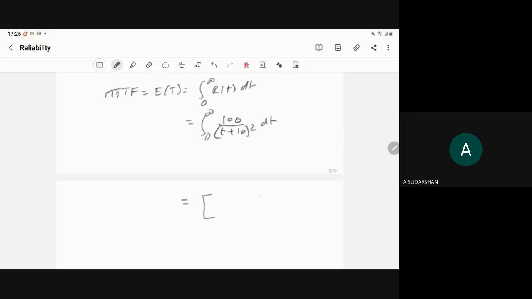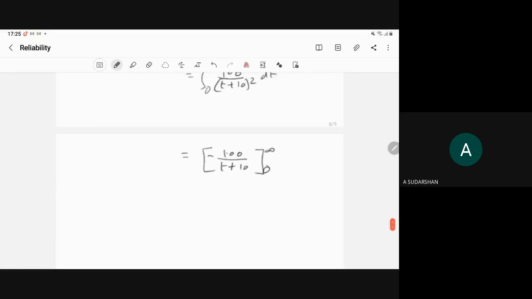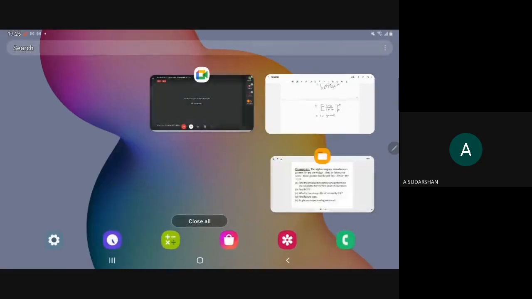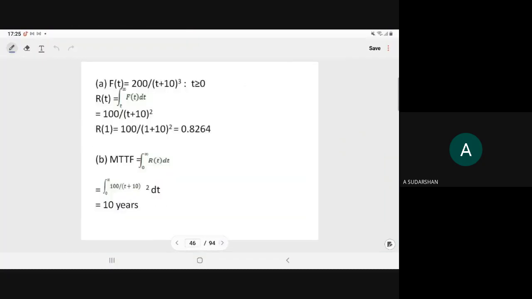This will become 100 upon (t plus 10), from 0 to infinity. So this will come, I think, 10 years. 10 years, right? Clear?